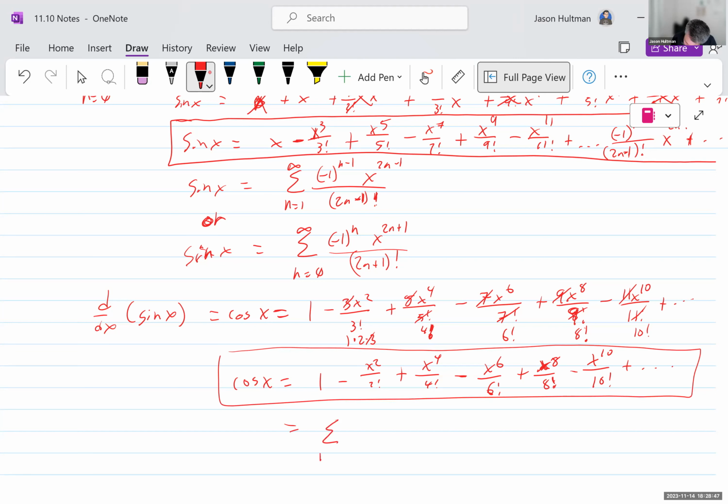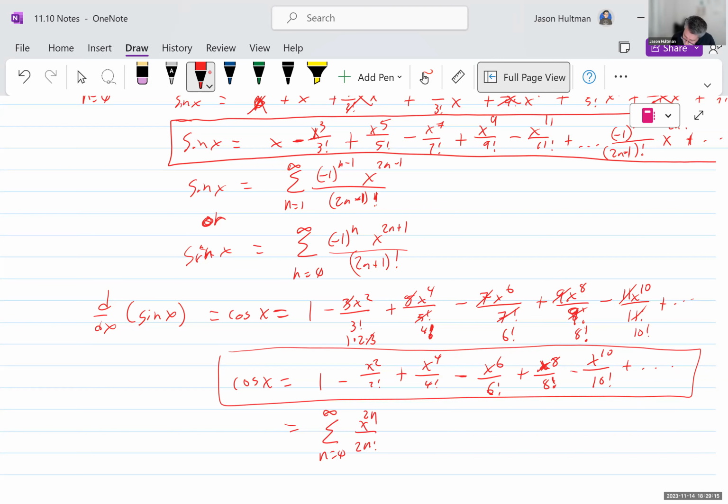the sum from n equals 0 to infinity of what? How about x to the nth over n factorial? But if we did that, we would start at 0. That's good. However, we want to double these every time. So let's do 2n and 2n. That one's kind of nicer to write because it's even powers and not odd.